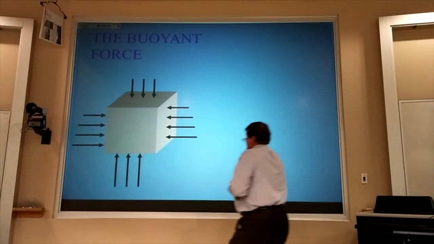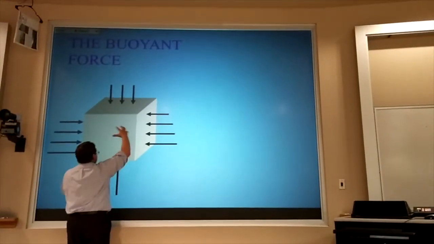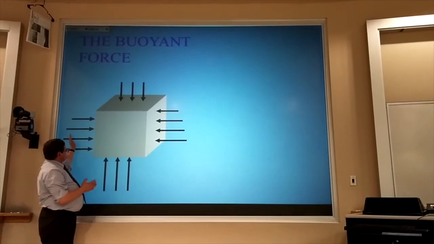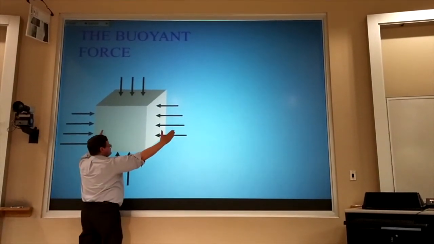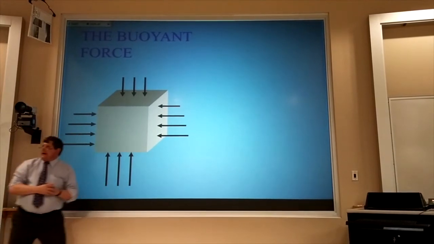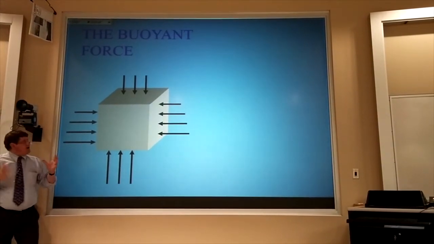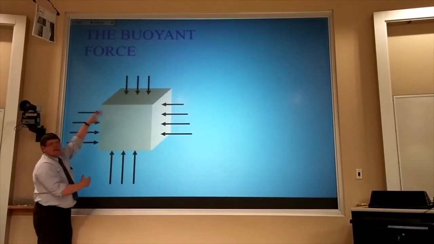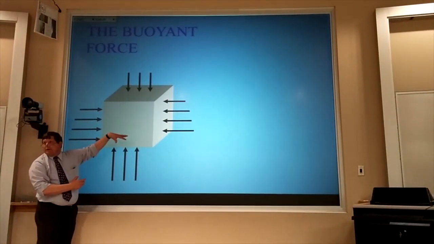Now, if I take all the push from the water, I think you can see that the left is always going to cancel out the right. Okay? What's not going to cancel out is the upward push on the bottom and the downward push on the top.